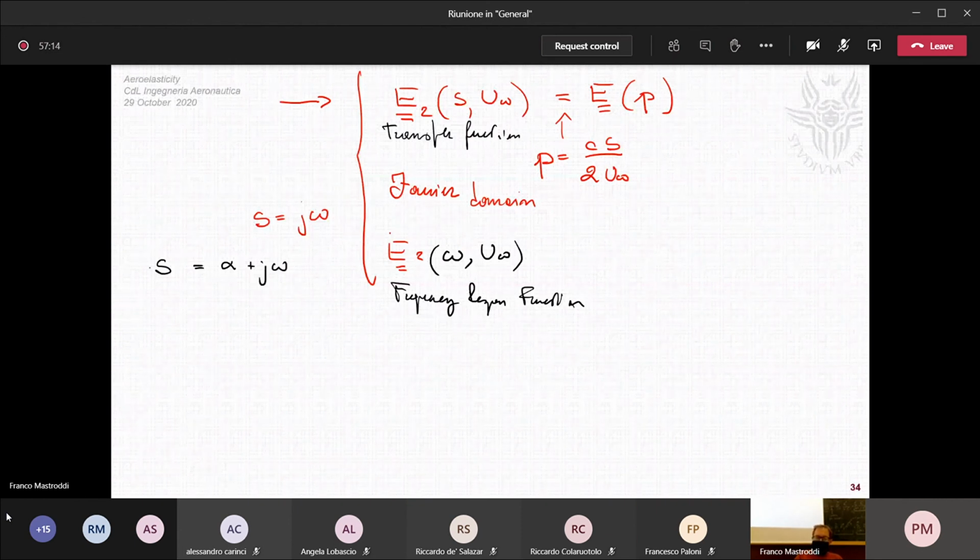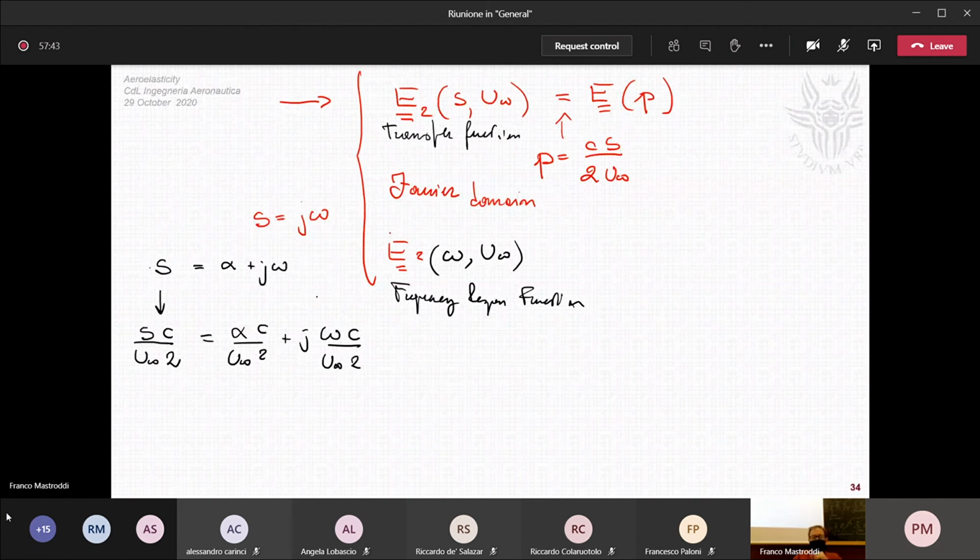If you move this to a nondimensional form, S by C divided by U infinite by 2, this becomes alpha C nondimensional plus J omega C divided by U infinite by 2.